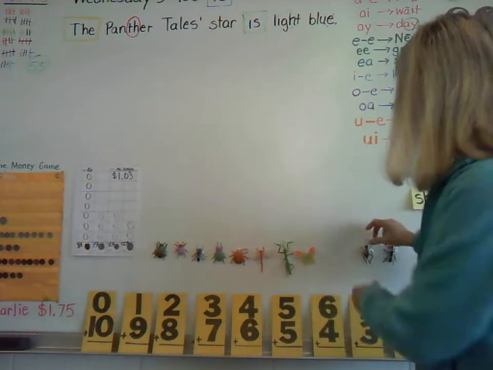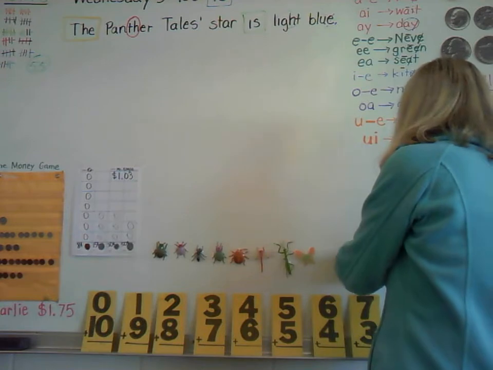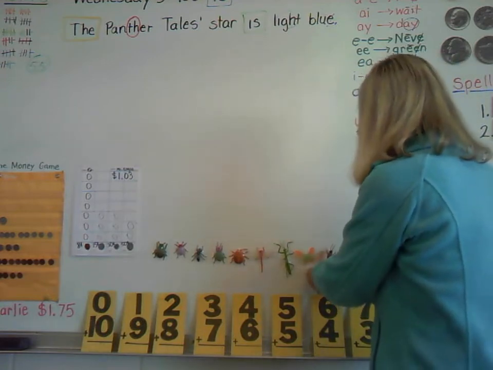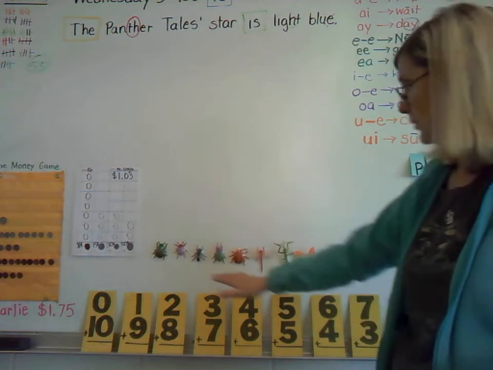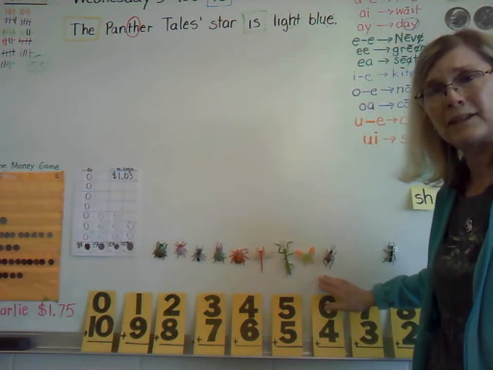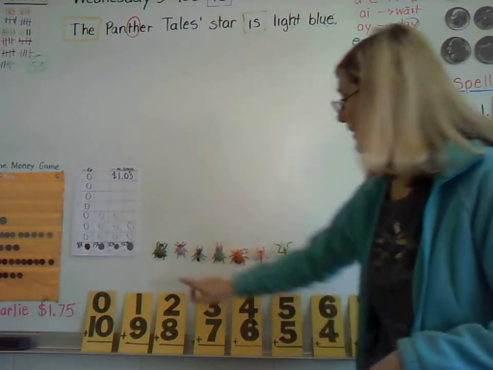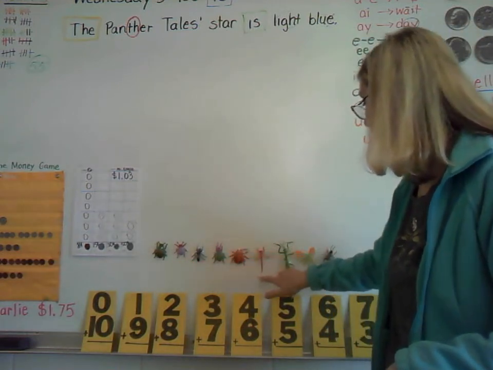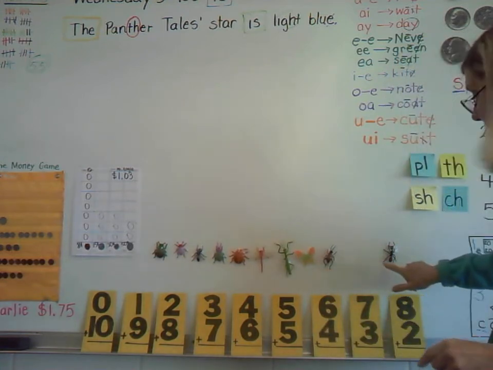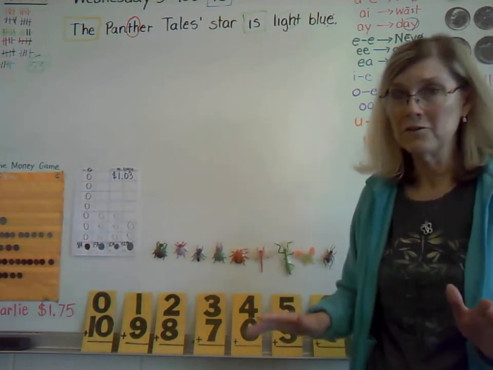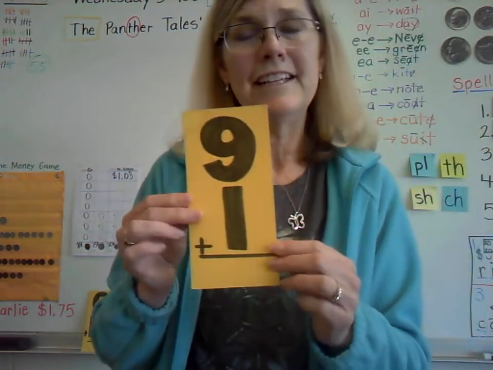Okay, let's have our little cricket move on over beside the butterfly. Whoops, I really taped that down good. Okay, so do you have a prediction as to how many insects we have on this side? Let's see if you're right. 1, 2, 3, 4, 5, 6, 7, 8, 9 insects on this side plus, right, 1 over there equals, oh, yes, the joy of it all.